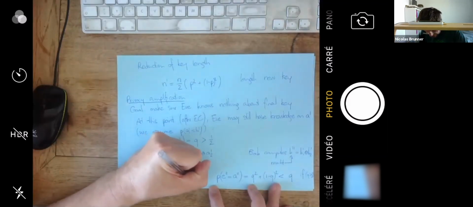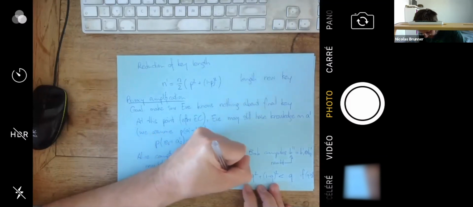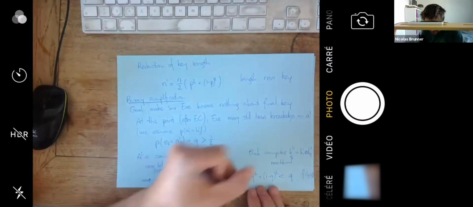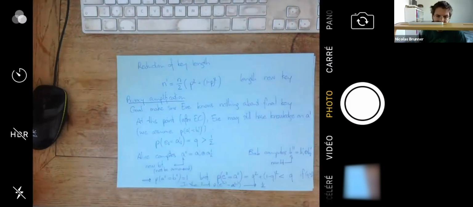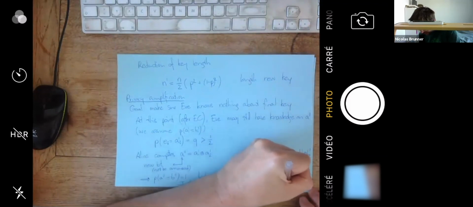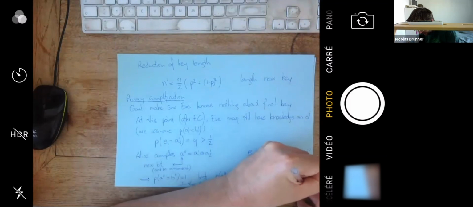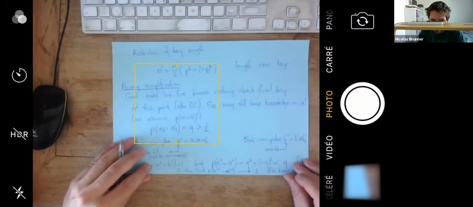In the limit, let's write Pn equal An. If you do this many rounds, this thing will tend to 1/2. And so this means that Eve knows nothing. I don't have the space to write about An, but clearly this is what I mean.